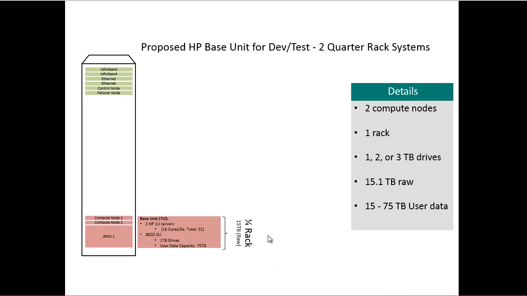So every PDW will have some InfiniBand controllers and Ethernet controllers and things like that for basic networking. It'll come as an appliance in a rack. You'll have a control node and a failover node, which I'll get into in a little more detail. And then you have your base unit here. For HP, you have two compute nodes with a JBOD, or just a bunch of disks.